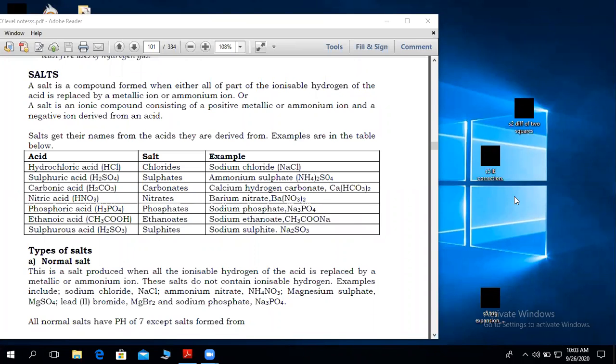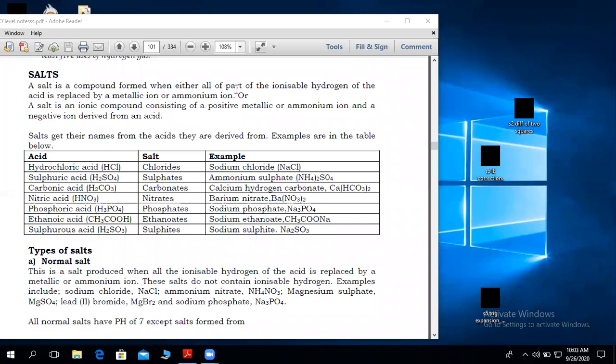So when we started this topic, we began with the definition of a salt. We said a salt is a compound. If you could get some revision book there and write some important points, for example, the definition of a salt, that one is important.